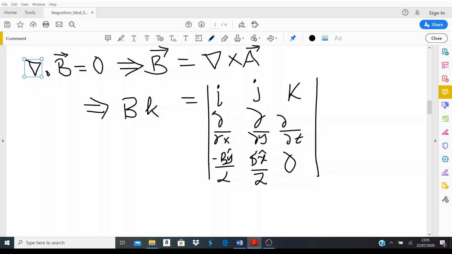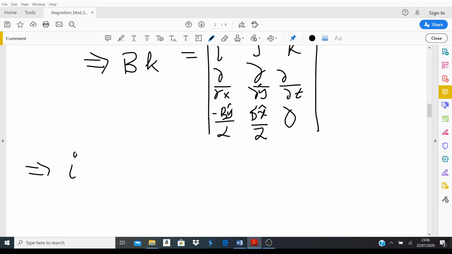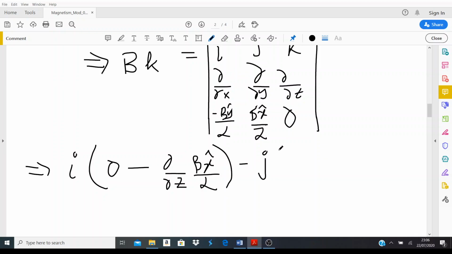Now the question arises of how you calculate the same. Let me evaluate this value. So the ith component: d/dy times 0, which is 0, minus d/dz of bx/2. Okay, that's 1. Then minus of the j component: d/dx times 0, that's 0, minus d/dz of by.